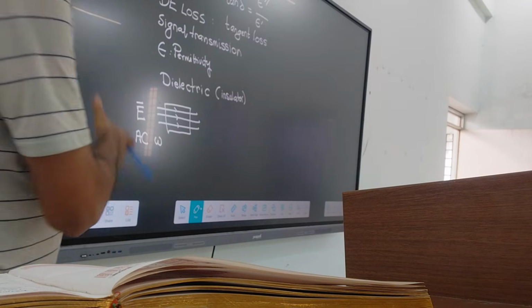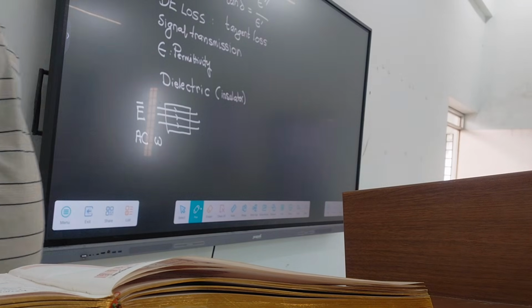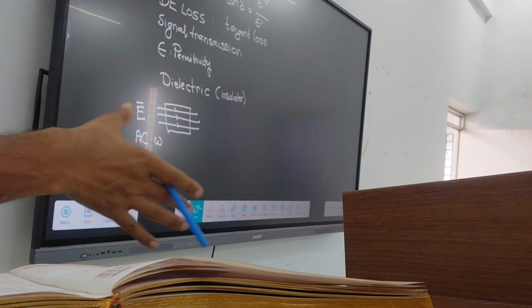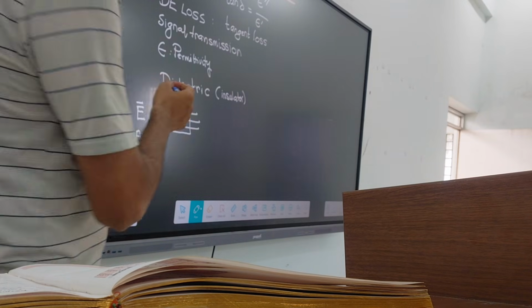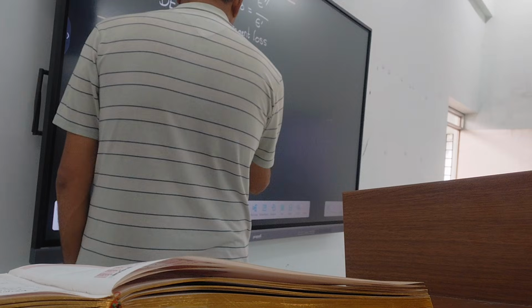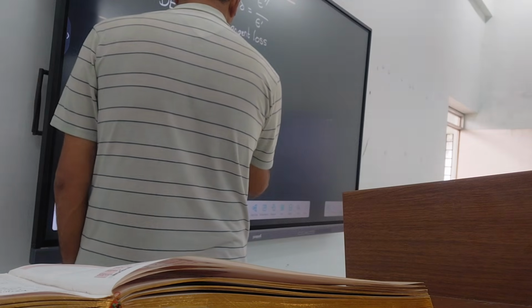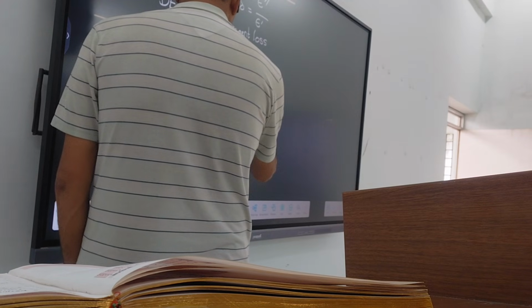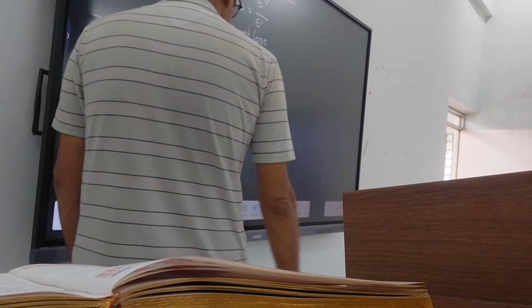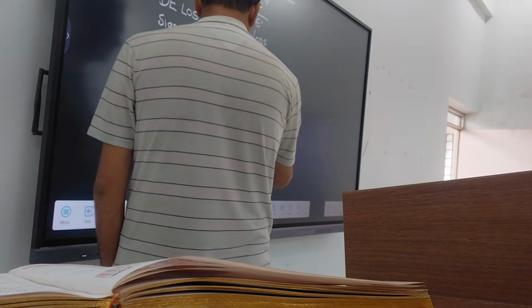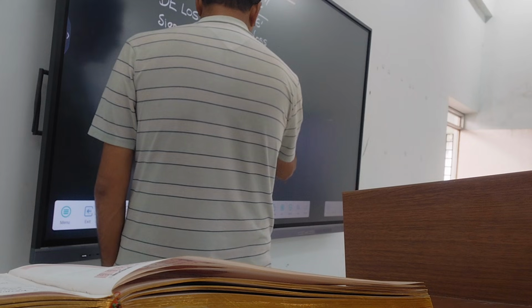Now, when we allow this sort of alternating electric field to pass through, we need to express the permittivity as a combination of the real part and the imaginary part.